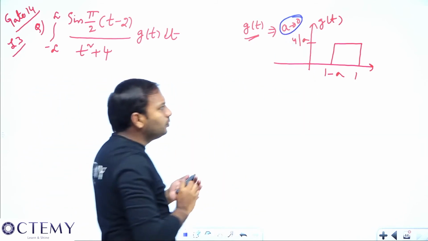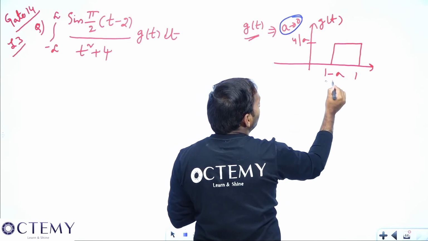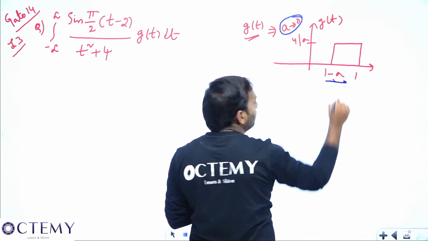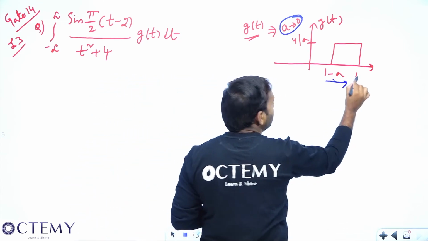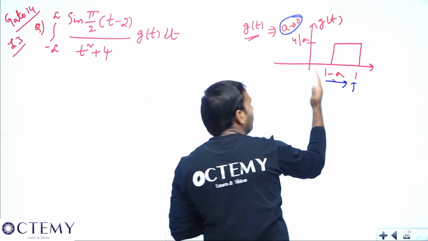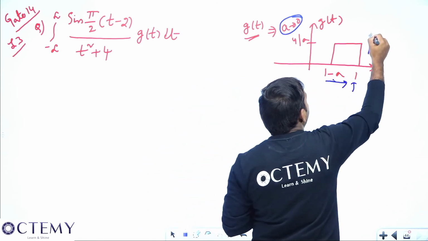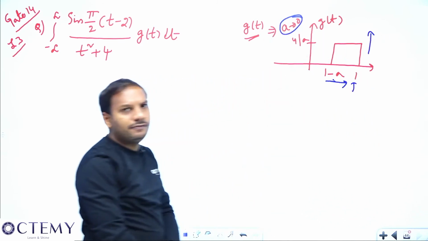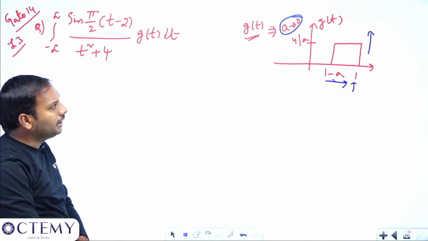If a tends to 0, then this 1 minus a will move towards 1. That's it. 1 is however fixed. This point is fixed. But this 1 minus a will move towards like this. And height is 4 by a. Height will move towards the infinite of the y-axis. That is the idea.